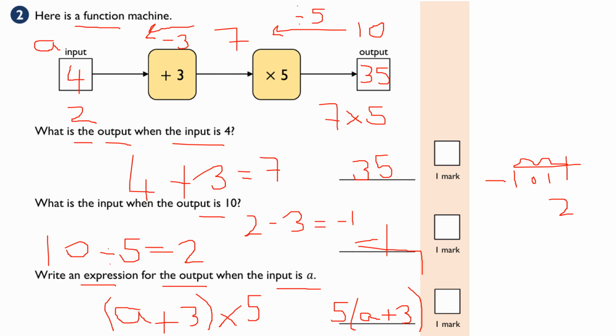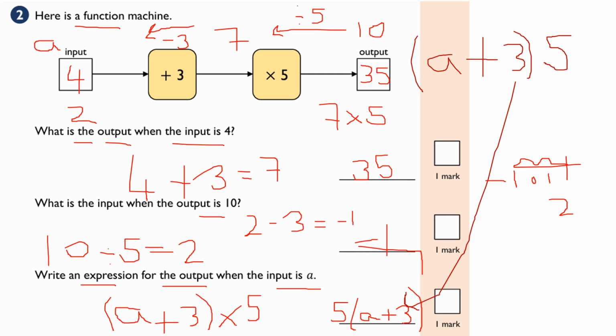We start with A, we add 3, and then we multiply that answer by 5. So we have A plus 3, the sum of A and 3, and then we multiply that by 5, which I can just rewrite as 5 lots of A plus 3.